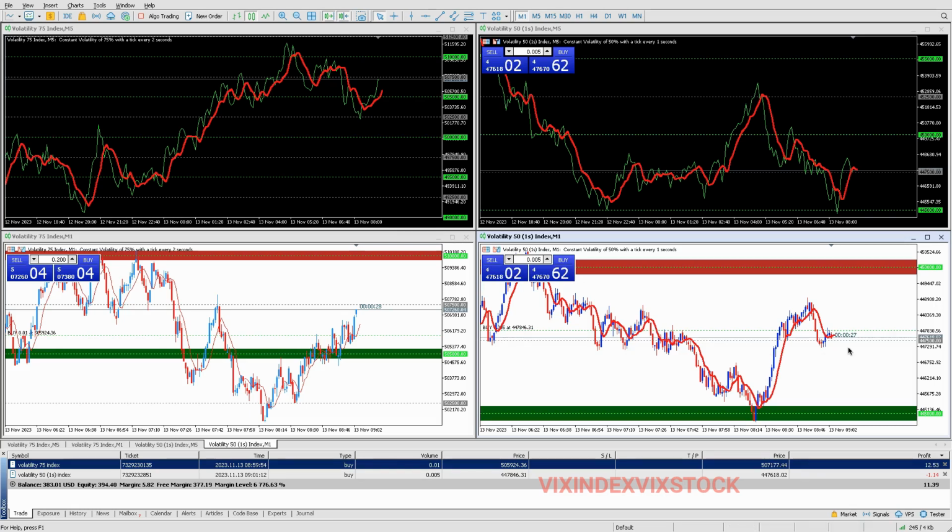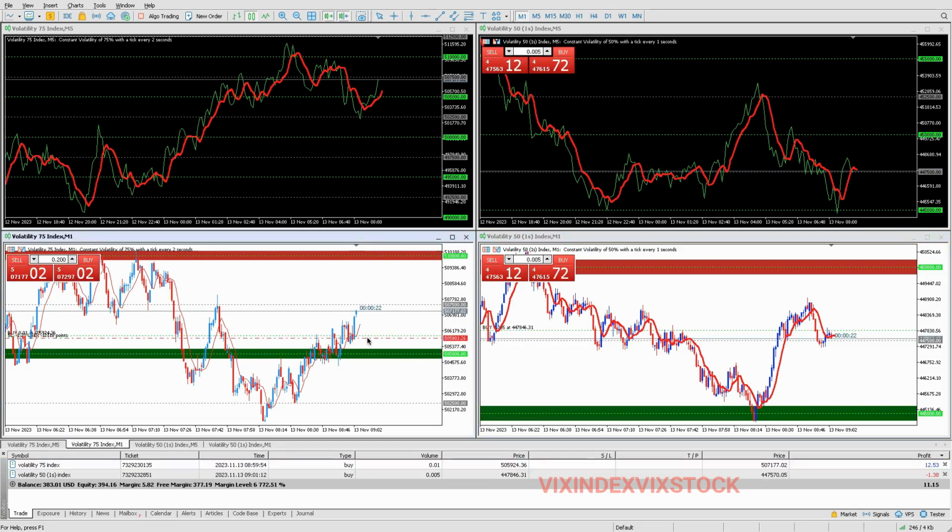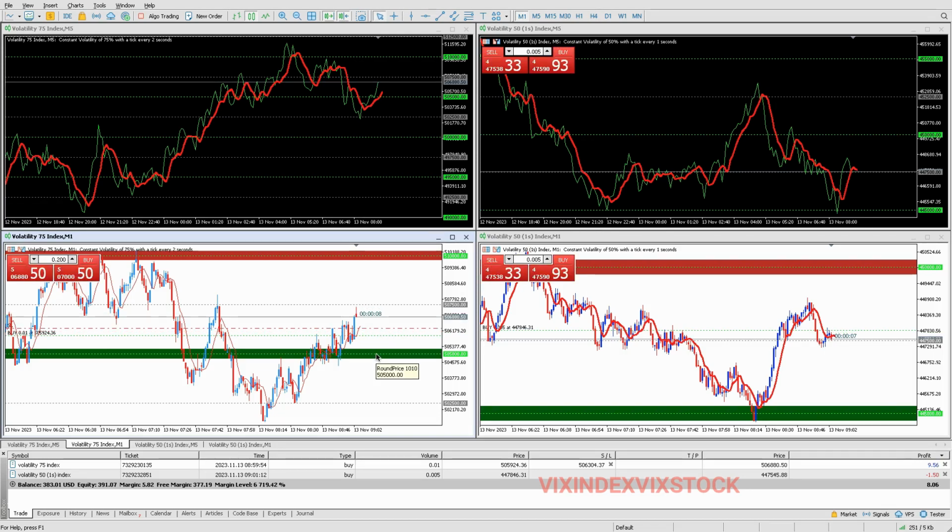Now we are just playing with the money that the market is giving us, and what we do is we pull a stop loss there just to protect ourselves. But basically this trade has paid for itself. So that's how I trade volatility 75 on the lower time frames, just looking for opportunities.